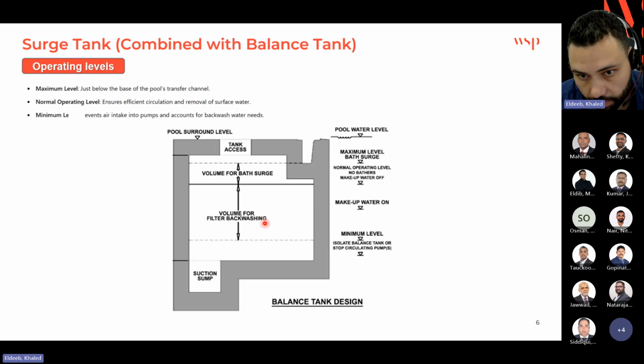For this level, we take into account the volume of water required for filter backwash, starting from the normal operating level until this level, to ensure that the pumps can still operate without any air going to the pump. So the minimum level, we cannot go below this one, otherwise there is a risk of air being sucked by the pump.